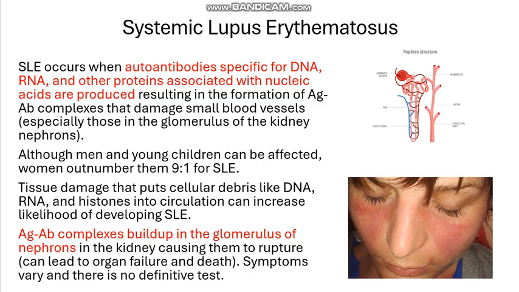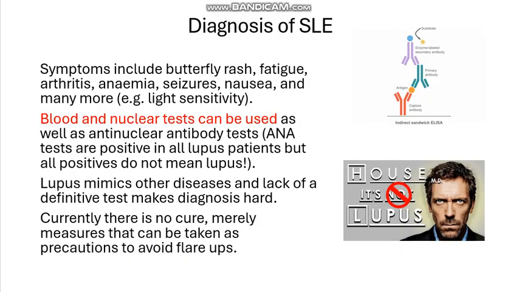So when you do a urine test, if you can find any of these large molecules in the urine, then you know there's been damage done to the glomerulus. And if you find this in association with other characteristics of lupus, like a malar rash and anti-nuclear antibodies in the blood from an ELISA test, then that increases your confidence in diagnosing the disease as lupus, as opposed to other diseases, which we're going to talk about now.